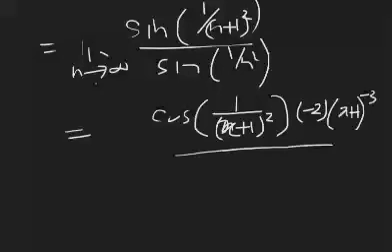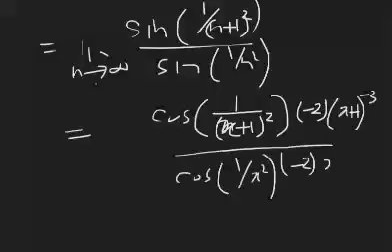The bottom function gives cos of 1 over x squared times negative 2 times x to the power minus 3. As x tends to infinity, we can show that this bit goes to 1.